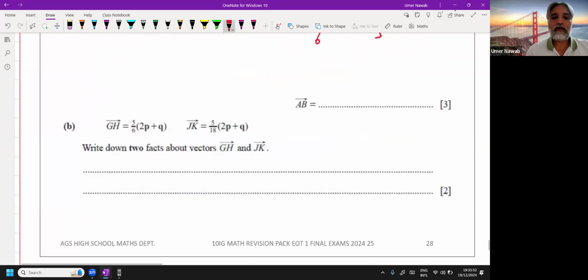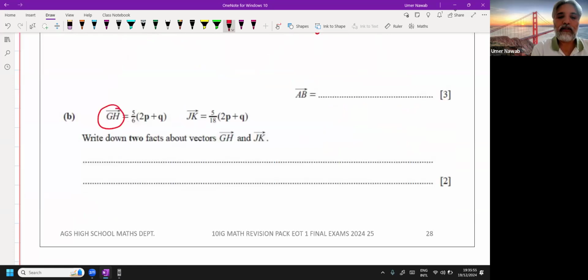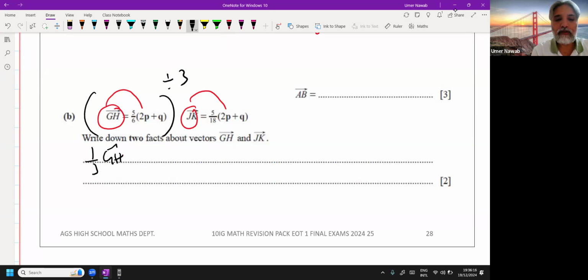Next, he says that GH is 2p plus 6 and JK is this one. It looks like they are both somehow connected to each other. If GH is divided by 3, that is 1 over 3 GH, it is equal to 3 over 18 of 2p plus p, which is as per the question JK.